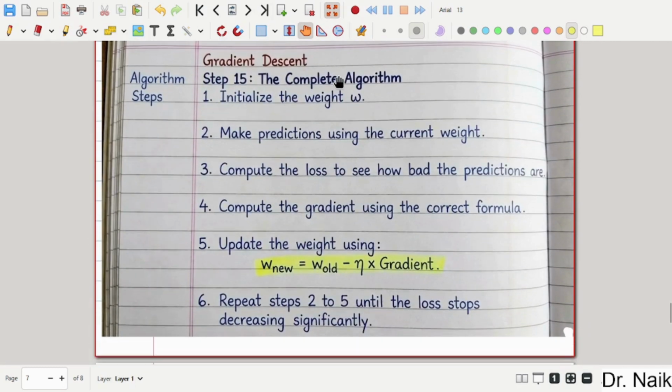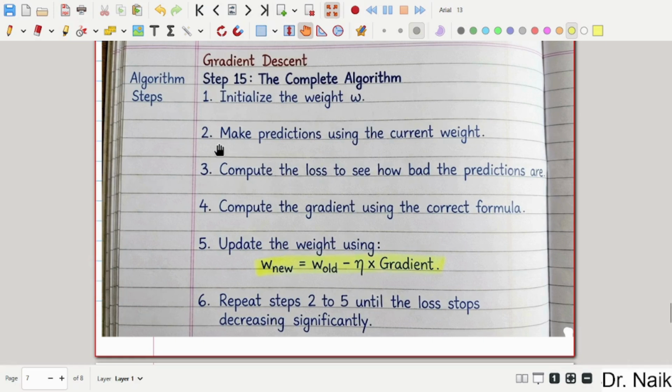So the complete algorithm for gradient descent is: initialize the weight W, make the prediction using the current weight, then compute the loss to see how bad the predictions are. Then compute the gradient using the correct formula and update the weight using W new is equal to W old minus eta times gradient.